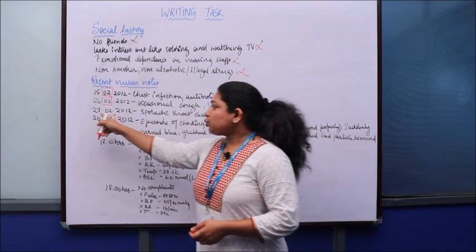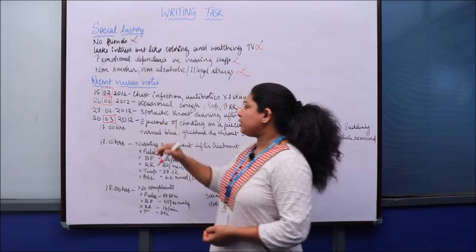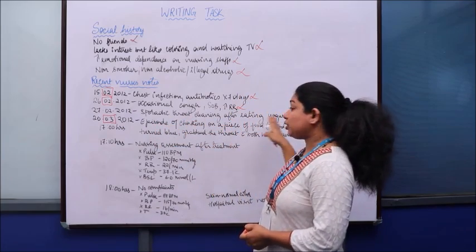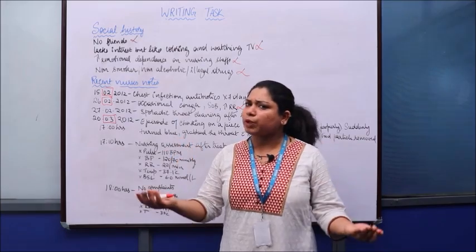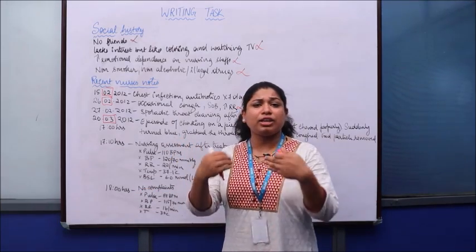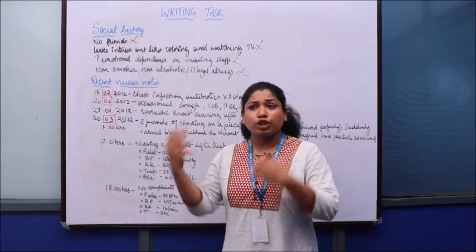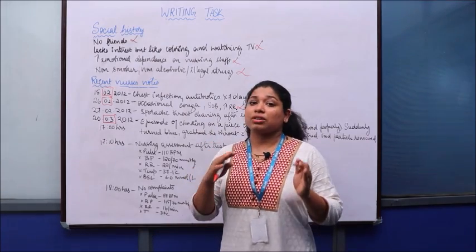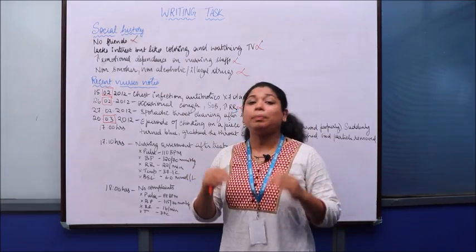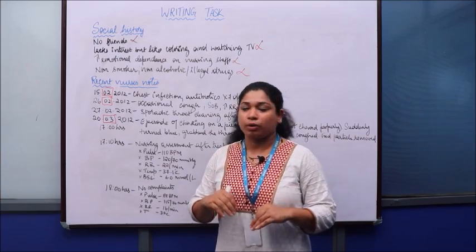So on 27/2/2012, there is sporadic throat cleaning after eating yogurt. Now eating yogurt they have given in specific, but that doesn't mean that only by eating yogurt the patient is having sporadic throat clearing. It is just giving a sign that the patient is having a problem in gulping of the food or the swallowing of the food.